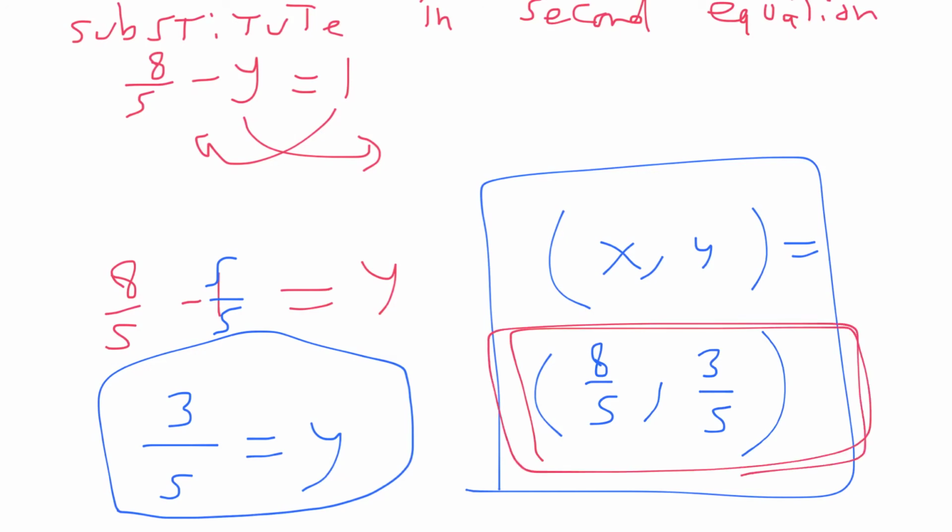If you graph these two lines, this will be the point of intersection, supposing the first line looked like this and the other one looked like this. This is the solution. Any question about that? Do you know what's happening?